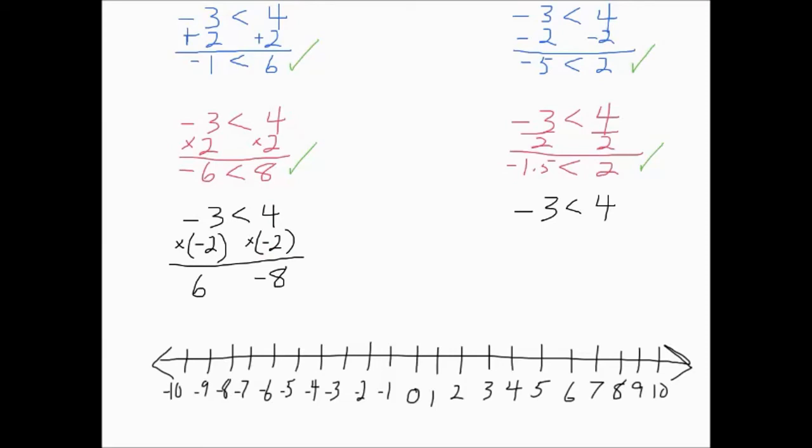And what if I were to keep the inequality symbol the same as it was originally? Would I get something that is still true? Is 6 less than negative 8? Is negative 8 greater than 6? Well, here's negative 8. Here's 6.